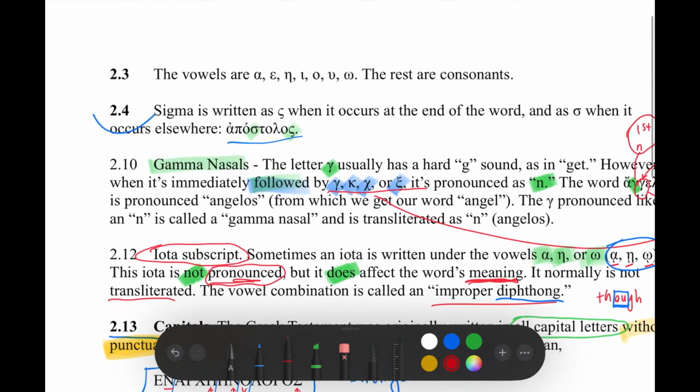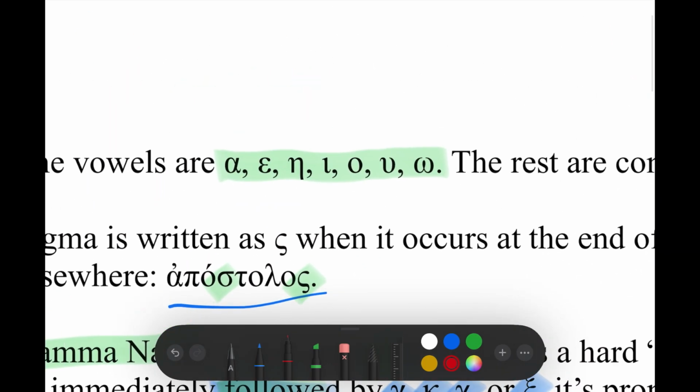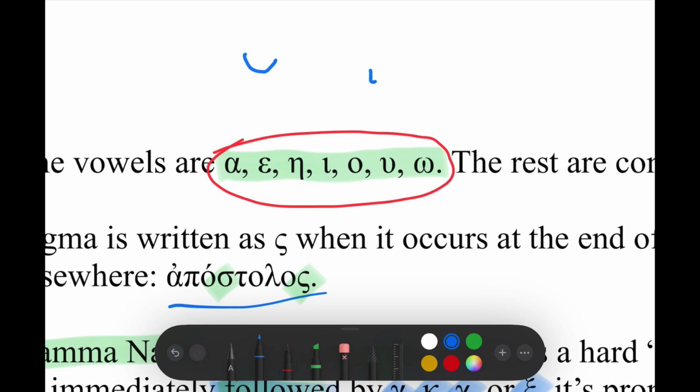And a little trick for you to remember that is if you can remember your seven vowels, the way I remember that is I picture the little iota being like a little fishy that is looking for a place to hide, and the letters that have a smooth bottom he can't hide under, so epsilon's out because it has that smooth underside. Iota's out because it's rounded. Omicron's out. Upsilon's out, so he's left with omega, eta, and alpha.